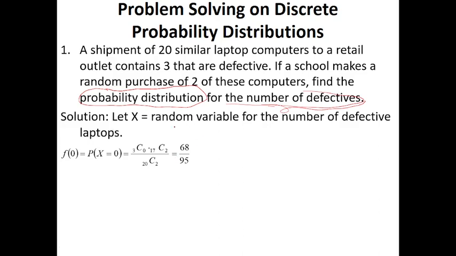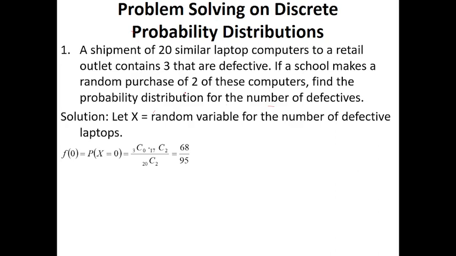How did we get this answer? Before I introduce the solution, let's analyze the problem carefully. We have a shipment of 20 similar laptop computers to a retail outlet, containing 3 that are defective. So 20 laptops: 3 defective, 17 good.